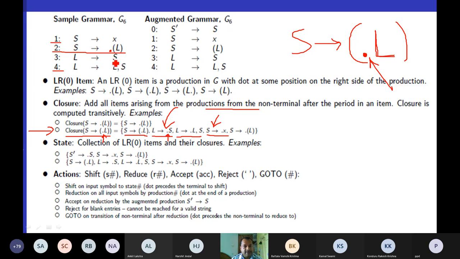And since the dot was on the left hand side of that L, on the right hand side dot S and dot L comma S will be added. That way, corresponding to closure of S derives within parenthesis L, where the dot is just left of L, we have 1, 2, 3, 4, 5, five items.